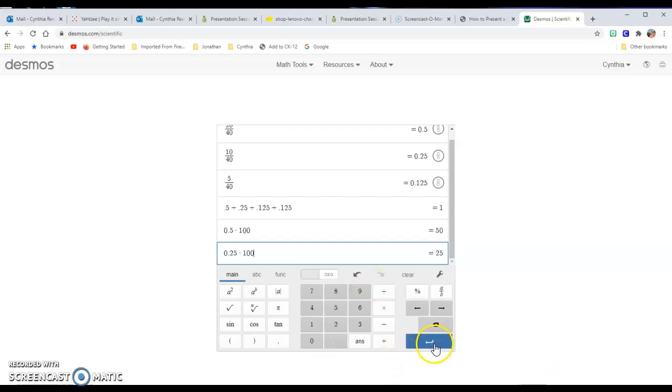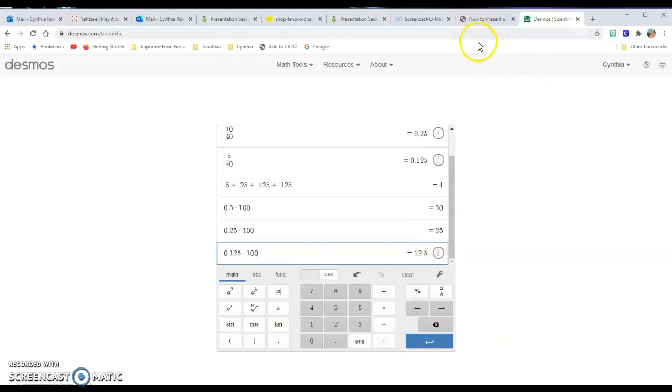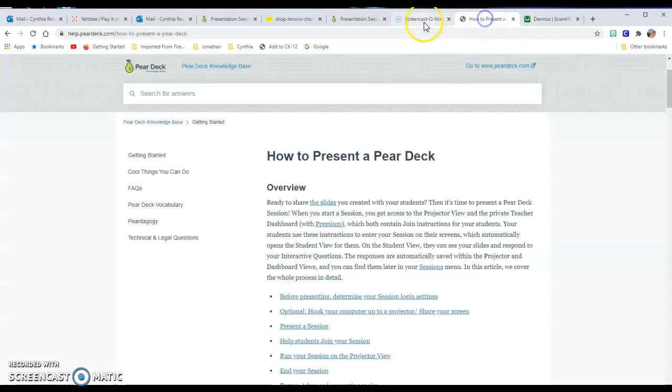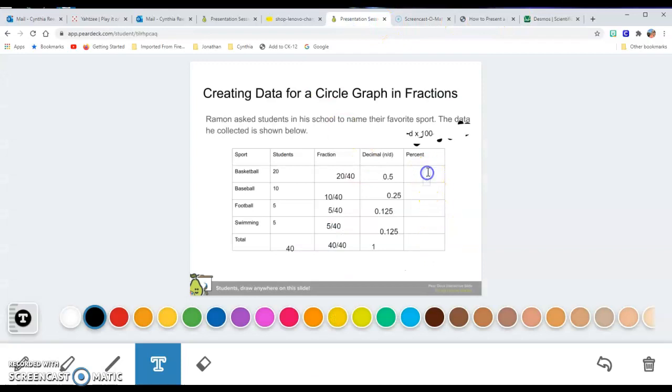0.25 times 100 is 25%. And 0.125 times 100 is 12.5%. So go ahead and fill those in. And don't forget your percent sign, which is above the 5, shift 5.